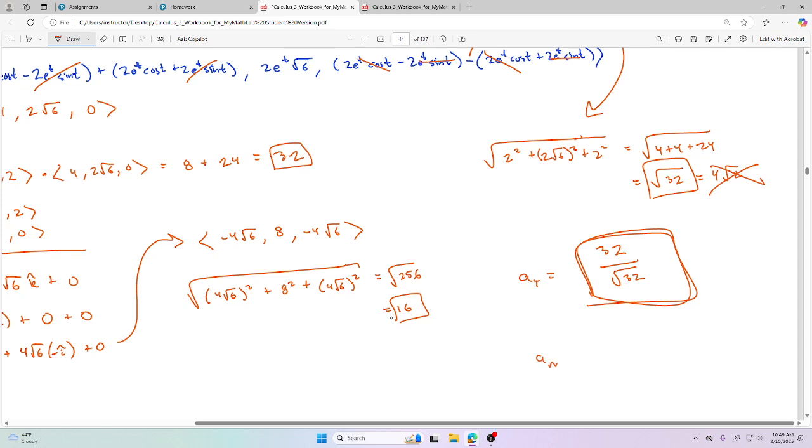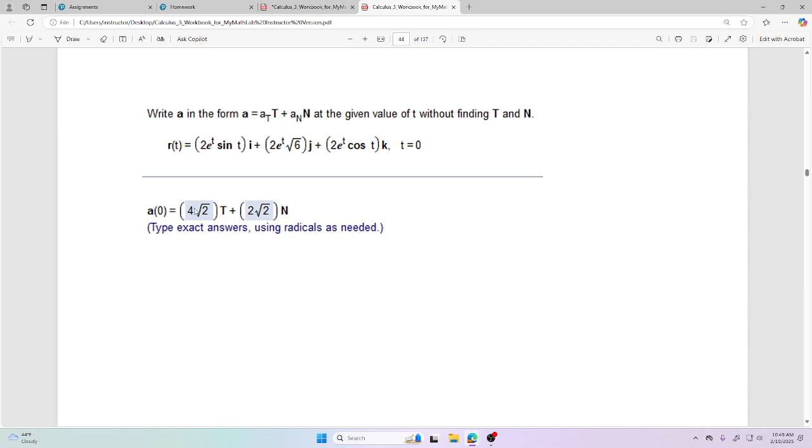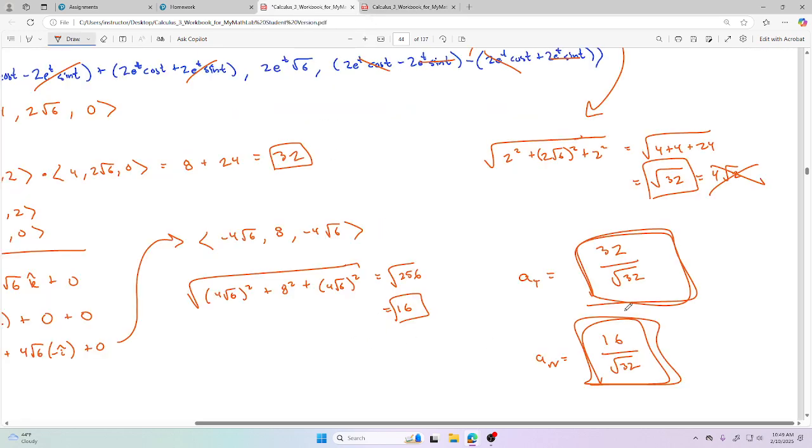And then my AN is the 16 over square root 32, final answer. And let's just verify. I'm going to flash the answer here. Now, let me just verify. This one would be double that one, right? So if I pop this and leave the square root, yep, that would work. It's good. Awesome. Whoa, that was a lot.